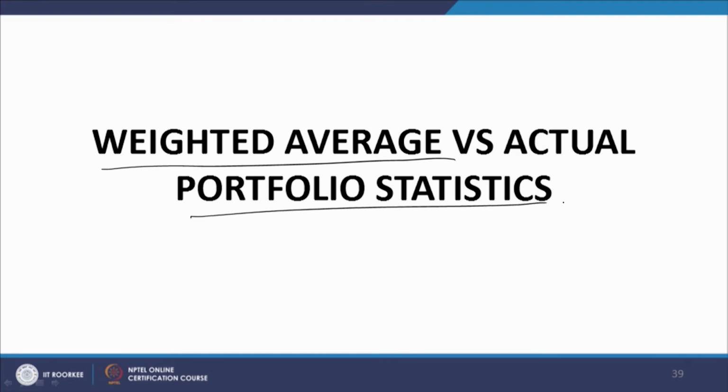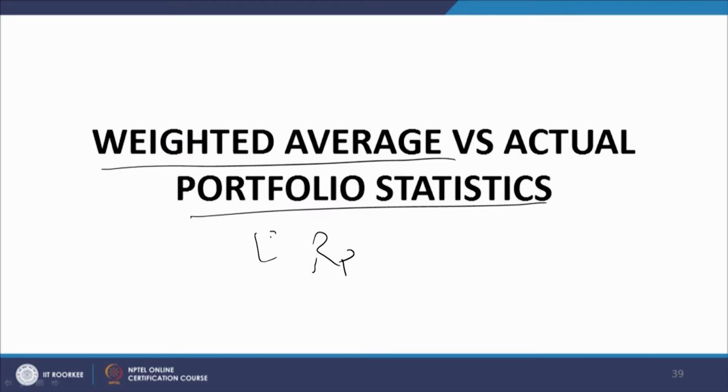When I use the word portfolio statistics, what I am doing is I am working out the statistics or parameters from the values of the cash flows that arise from the portfolio, treating them as a single asset. However, when I talk about the weighted average value of those parameters, I am simply taking a weighted average of those parameters, just like we do weighted average return, weighted average expected return of a portfolio.